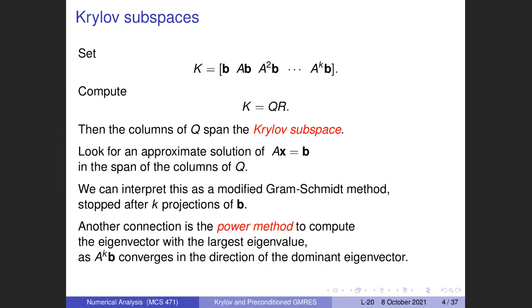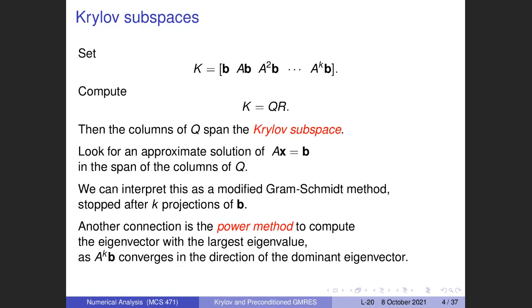So you will need to rescale, but a better way to make everything look nice is to compute a QR decomposition. That is, to compute an orthogonal basis of the columns of K. And in this lecture, we will do this with the Gram-Schmidt method.